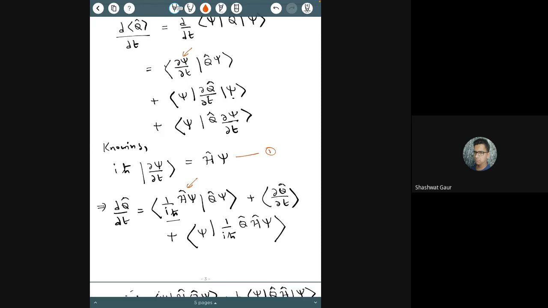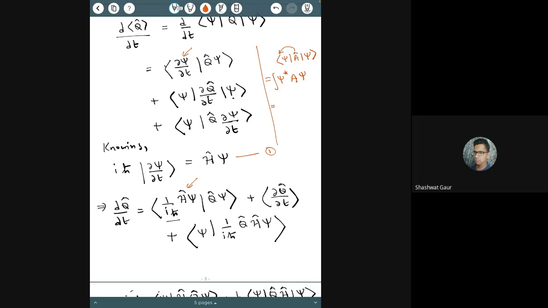Then, since H is Hermitian, normally, if you have ψ, A, ψ, this basically means ψ star A ψ, integrations, whatever. Now, if I want to act A on ψ star, then I have to move A over here.